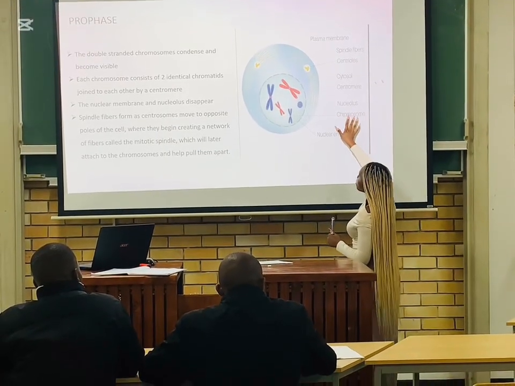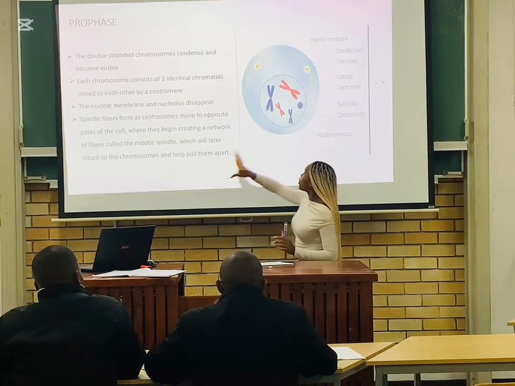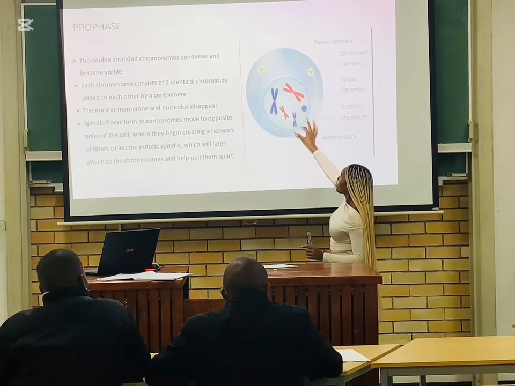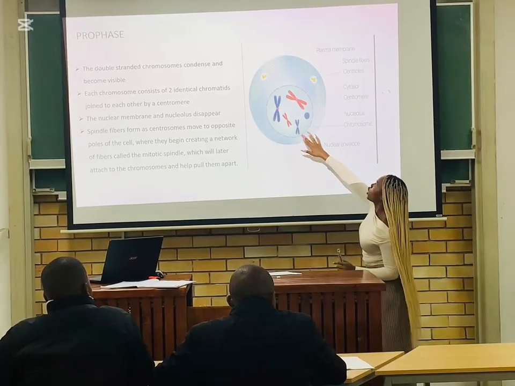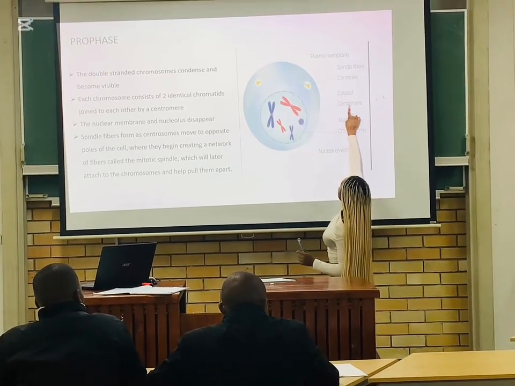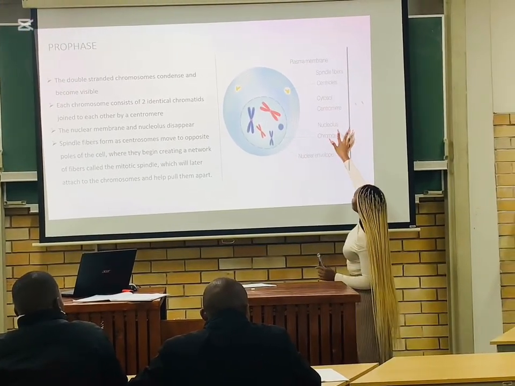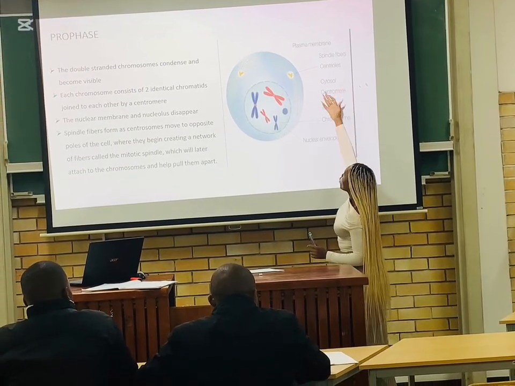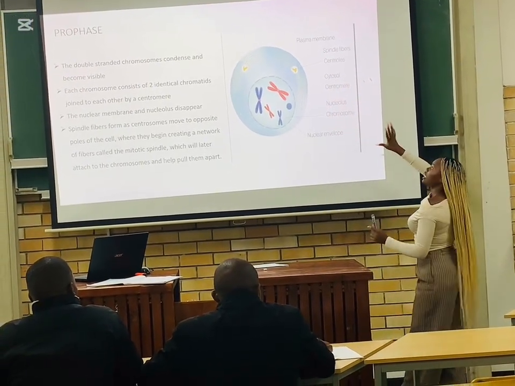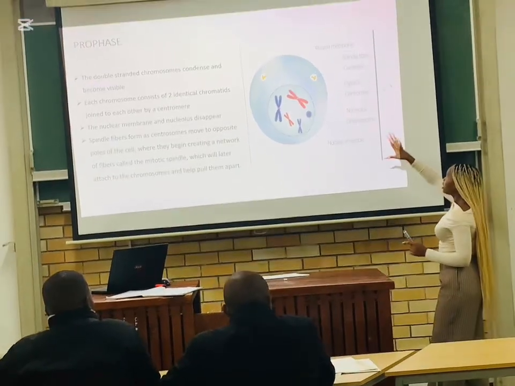A chromosome has two chromatids, and these two chromatids are joined together by a centromere. And then we also have a nucleolus and a cytosol, which is a fluid that is found in the cytoplasm of a cell.